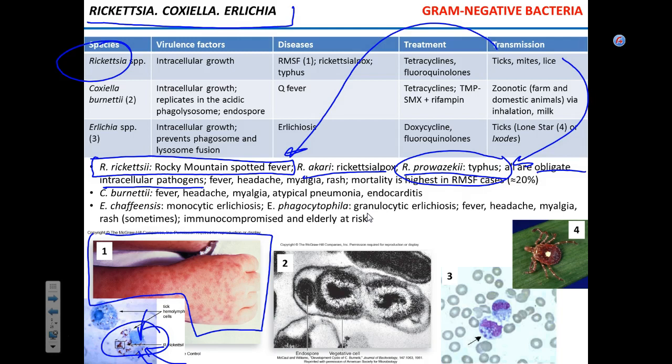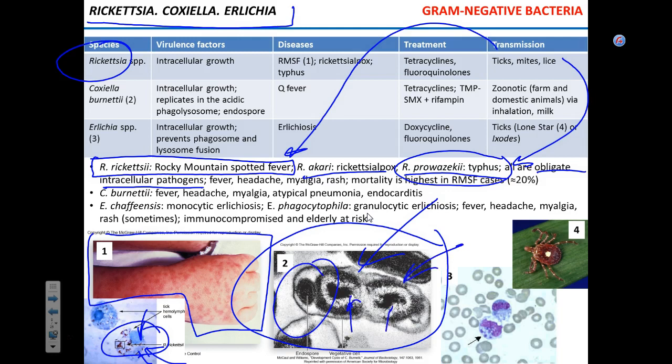It was identified by the Rocky Mountain labs in Montana, but this infection is common in Tennessee, Missouri, Arkansas, Kentucky, really forested areas where the ticks live. That makes sense? Now, Coxiella burnetii, a spore-forming gram-negative microorganism, shown here. Okay, so this is an endospore, and that's a reproducing cell with two nucleoids.